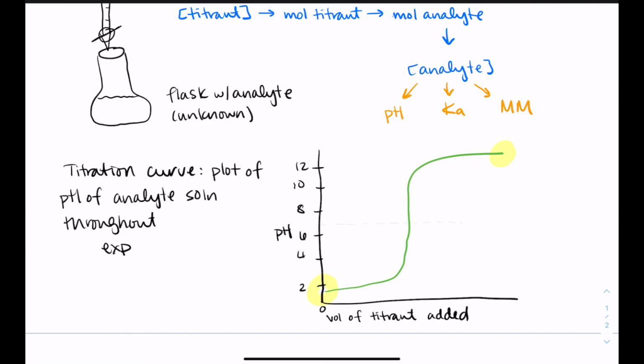It will also hopefully be your end point, which is the point at which we are stopping based on the indicator. And in this case, what I've got it marked as is about a pH of 7 at the equivalence point. And that pH at the equivalence point will also mean something and will also tell you information about what you're analyzing. And we will look at that in a later video.